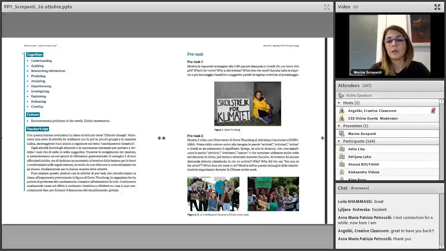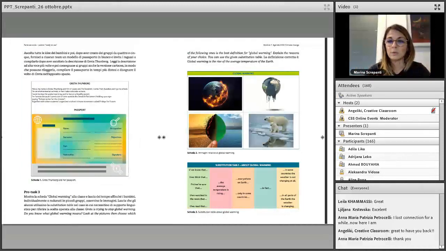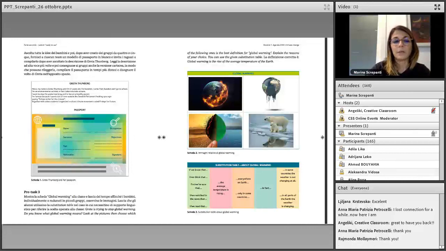In this case, I asked them to work on the words activist, activism, and action. And I asked them to discuss and to talk about these words. And then I let them know something about Greta and her character to complete Greta's passport.